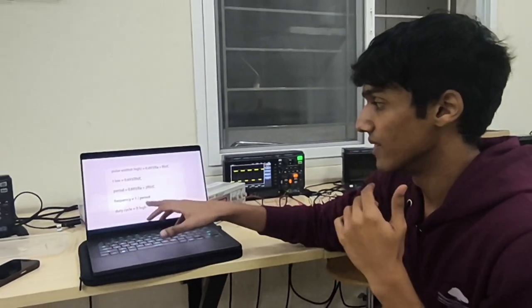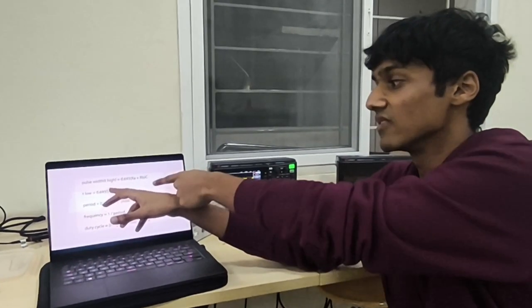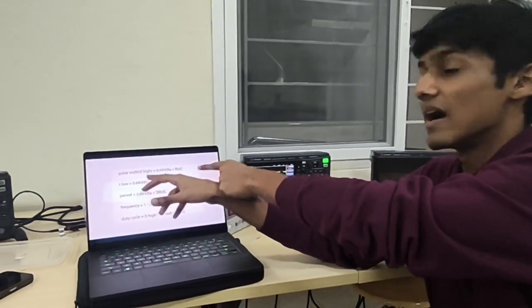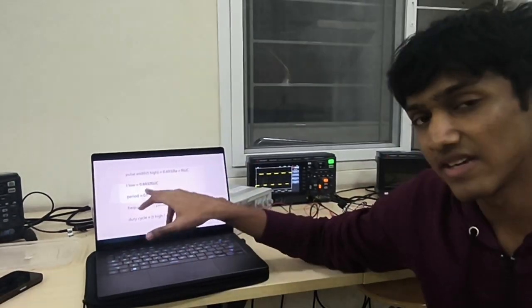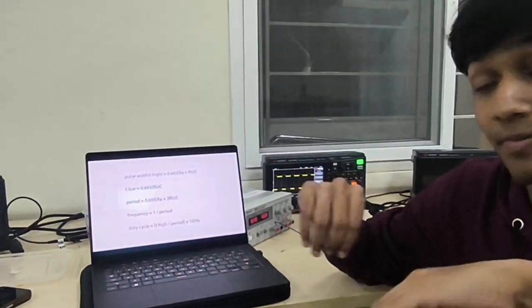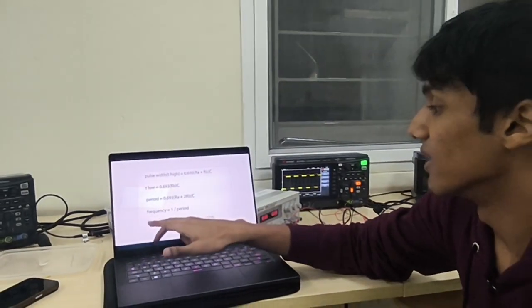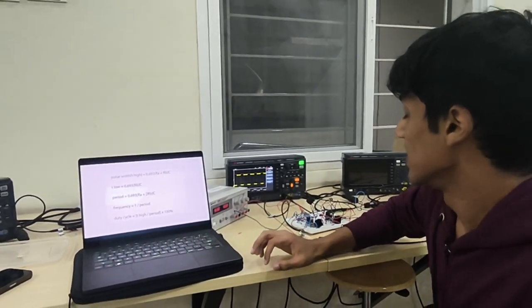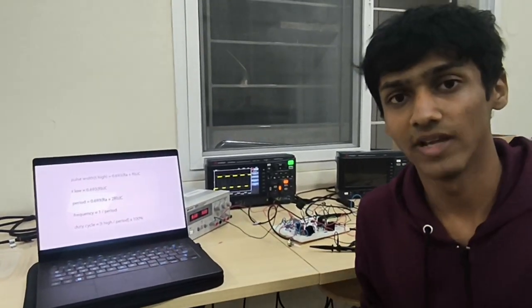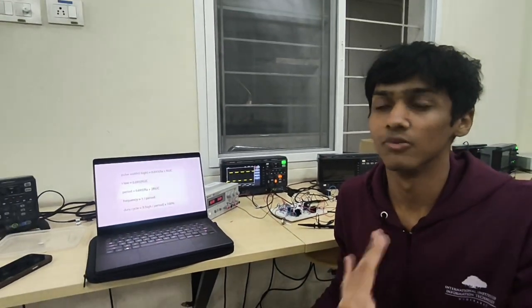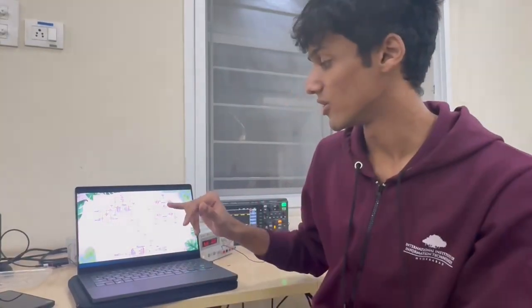For the low time, we are only using RB, so the time when the 555 timer output is low is controlled only by the potentiometer. And again, the formula for duty cycle. That's how we show that the 555 timer is a more efficient way of creating PWM signals to drive the circuit.